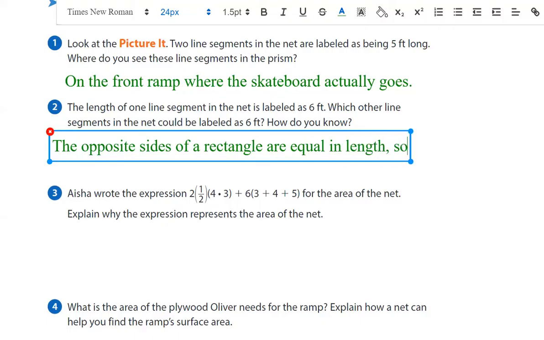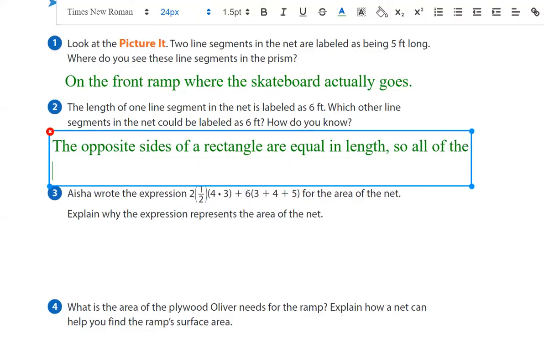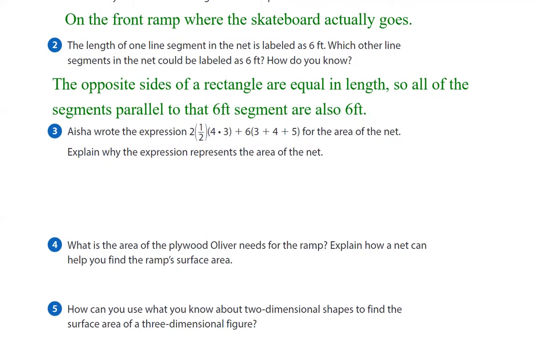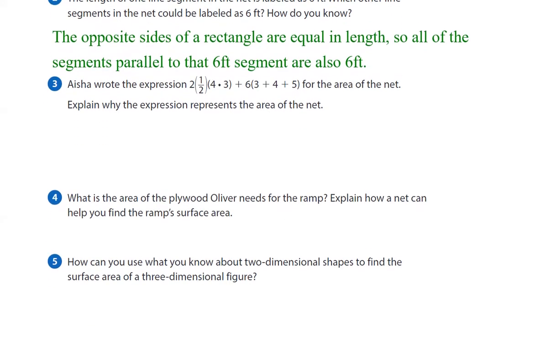So, all the segments parallel to that 6-foot segment are also 6 feet. There you go. That'll work. I think that's a better answer than the teacher edition, to be honest with you.